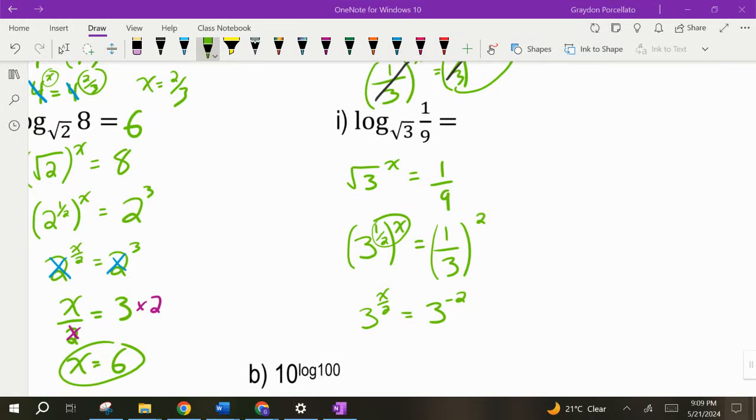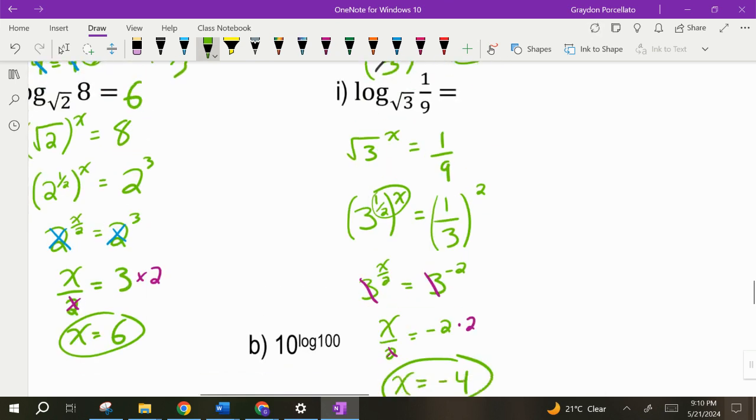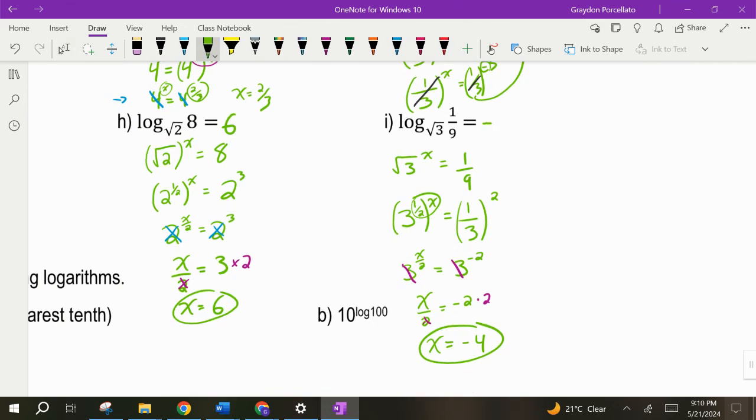And now my bases are the same, so I can cross out my bases. And I'm left with x over 2 equals negative 2. My last step, multiply both sides by 2. I get x equal negative 4. So the answer to this is negative 4.